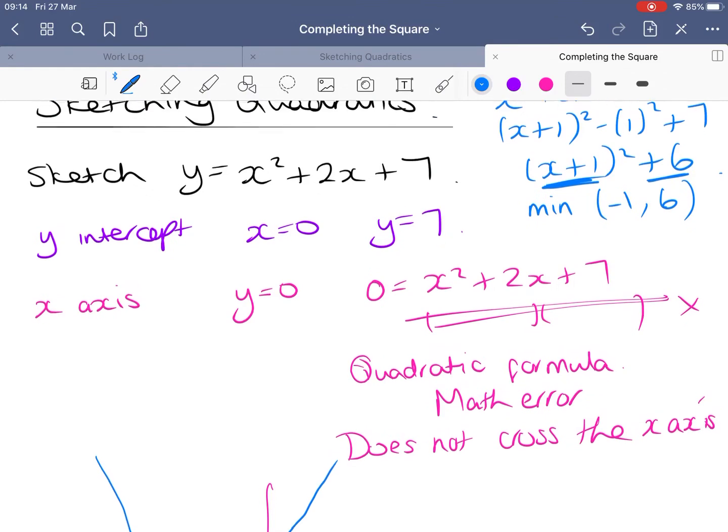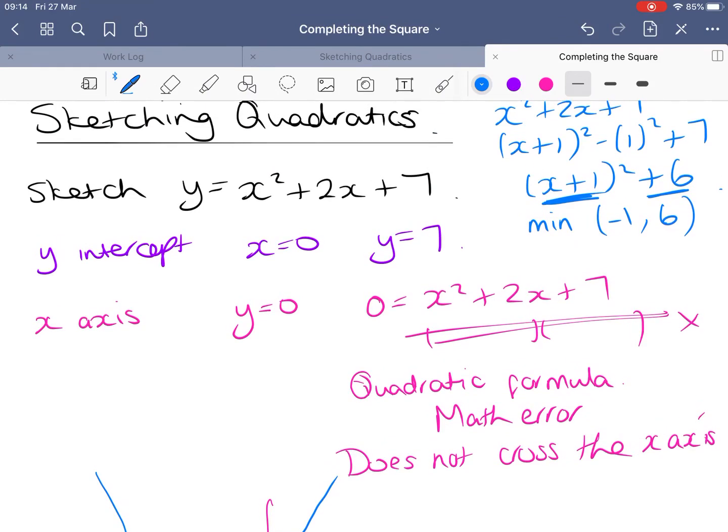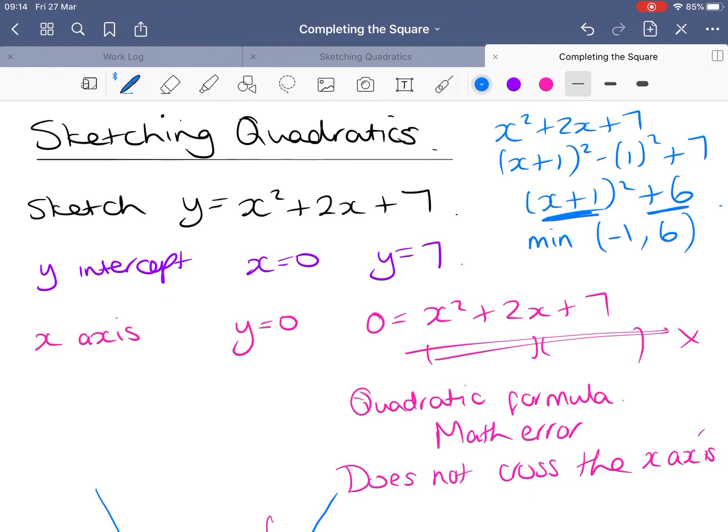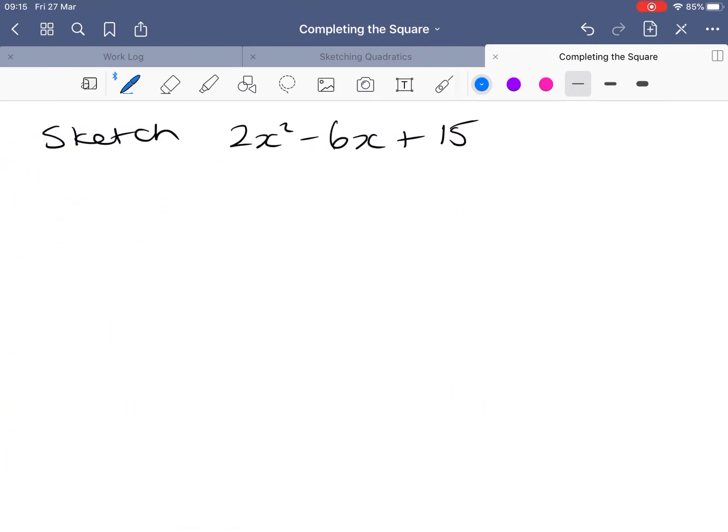So when a quadratic does not cross the x-axis, the only way you can draw a reasonable sketch is to find where it crosses the y-axis and complete the square to find where the minimum is. Okay, what I would like you to do now is have a sketch of that one for me, please.